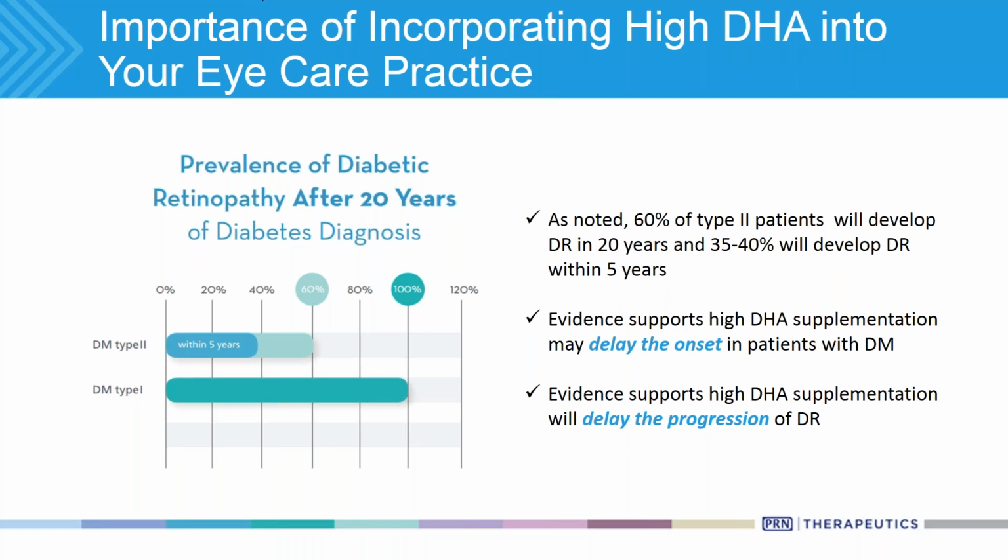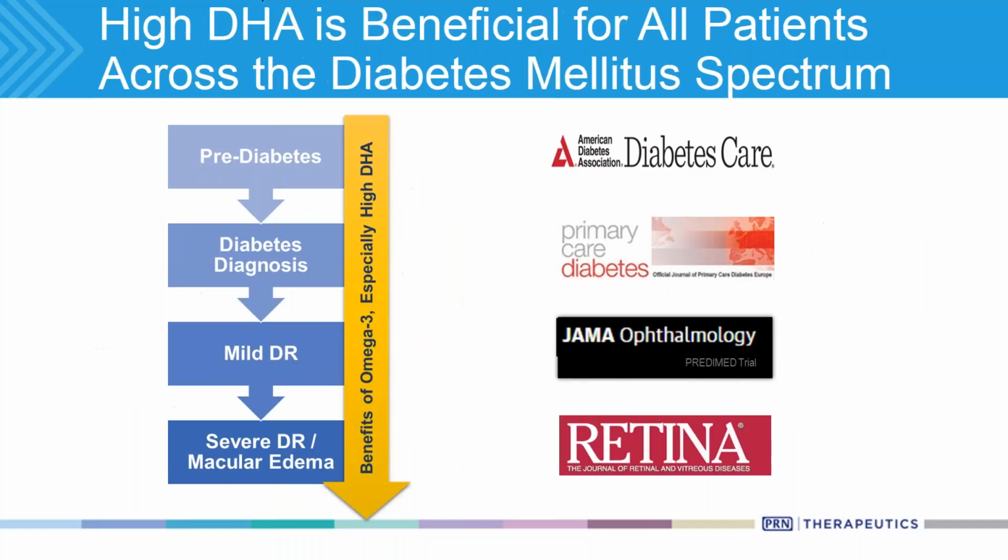But over 60% of these people will develop it within 20 years, and about 40% in 5 years or less. So we've really got to help them, hopefully, before this becomes a sight-threatening issue, and that involves diet and lifestyle, and hopefully another intervention, which we're about to introduce to you, supported by the evidence that Dr. Feynman just provided.